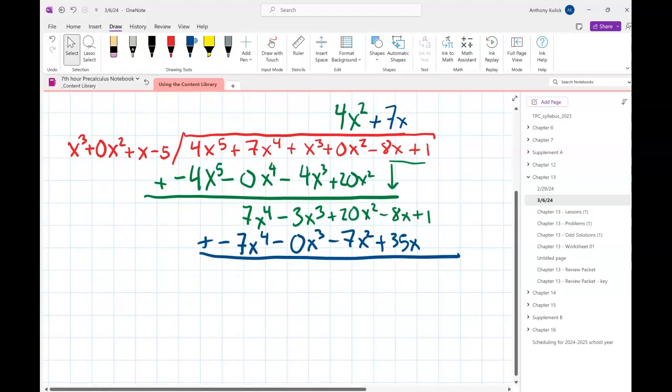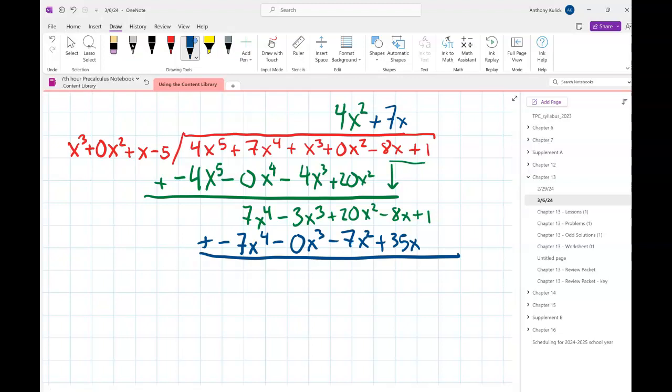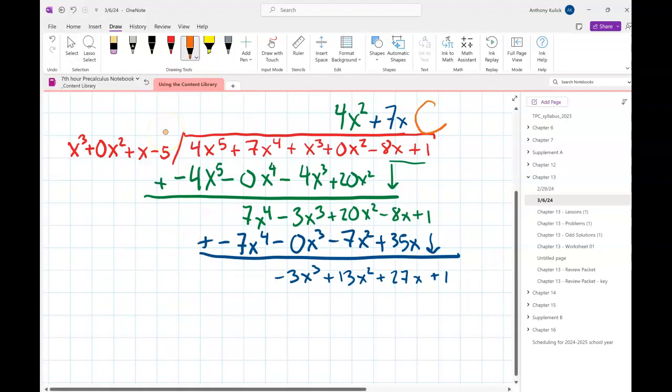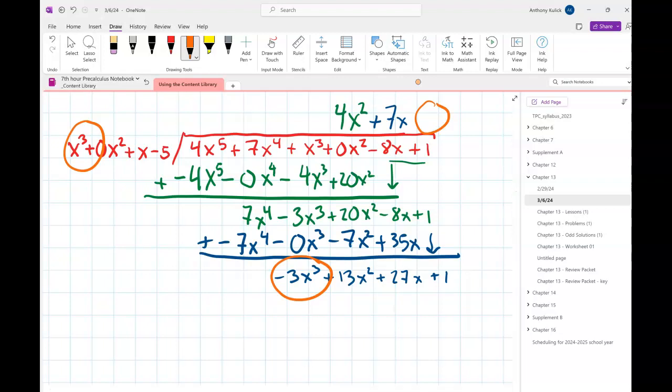Finally working. So 7x to the 4th plus a negative 7x to the 4th is 0. Negative 3x cubed minus 0 is negative 3x cubed. 20x squared plus a negative 7x squared is 13x squared. Negative 8x plus 35x is 27x. And then we'll bring that 1 down. And then we'll repeat and we'll say what times x cubed gives me negative 3x cubed.